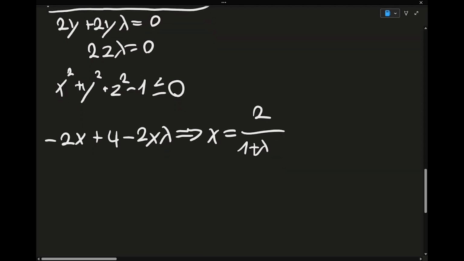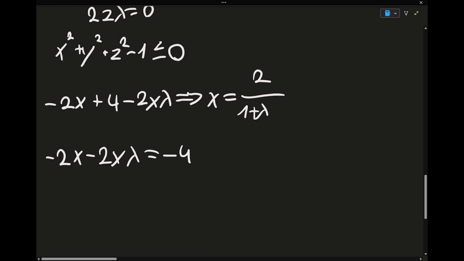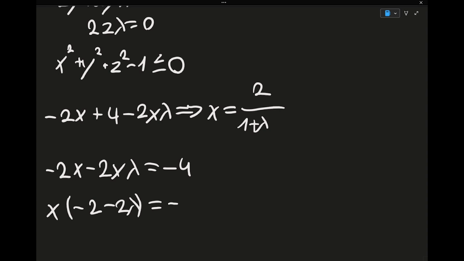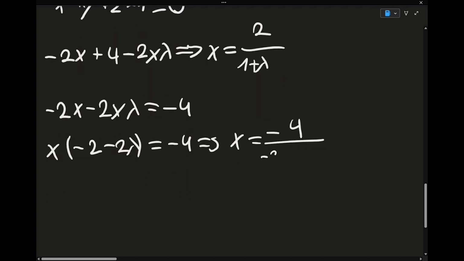If you don't know how you get to this term, we can just calculate. We have minus 2x minus 2x lambda is equal to minus 4. We see this 2x, we can just take the x out, so we have minus 2 minus 2 lambda is equal to minus 4, which implies that x is equal to minus 4 divided by minus 2 minus 2 lambda.